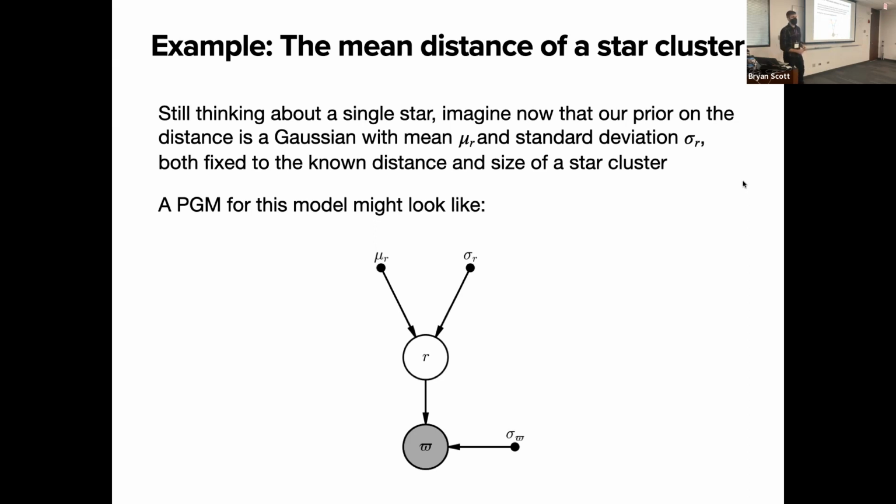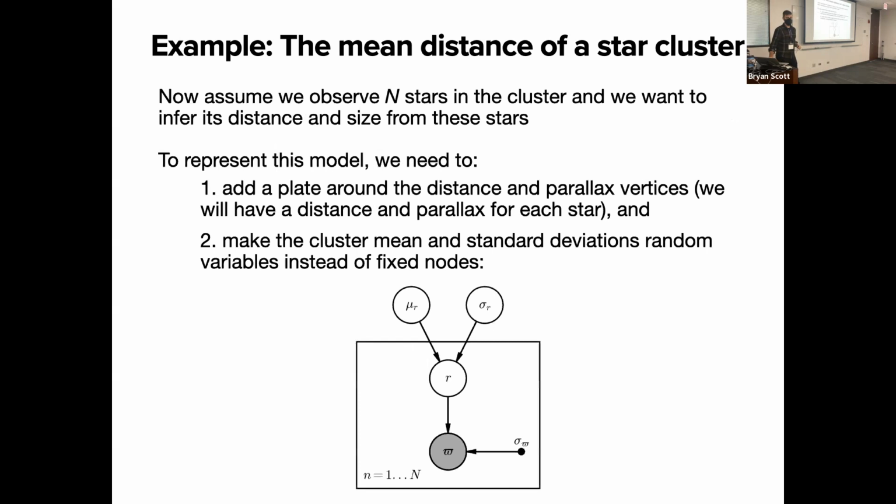Now, what if we measure parallaxes for 10 stars, or Gaia gives us the parallaxes for 10 stars, and we want to actually learn or infer the mean value of the distance, not the parallax, the mean value of the distance for that set of stars. So in order to do that, we need a plate. We have some conditional independence.